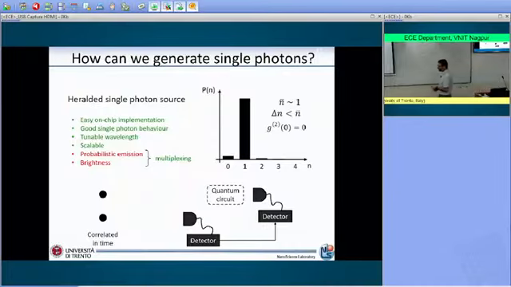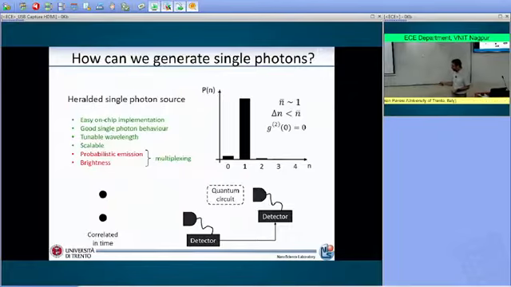Correlated in time means that in a certain time instant, I know that I have the two photons because they are correlated in time. So they do happen to be in the same time interval. So they are strongly correlated in time. Okay? It does not happen that one comes before the other. So they are coming at the same instant.